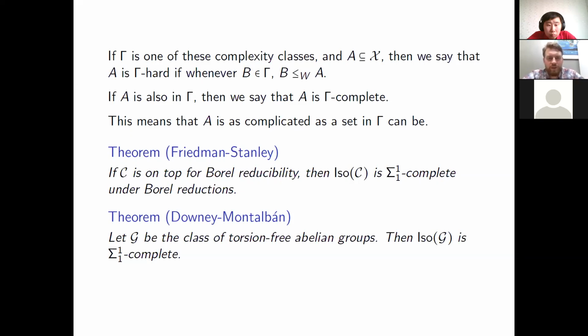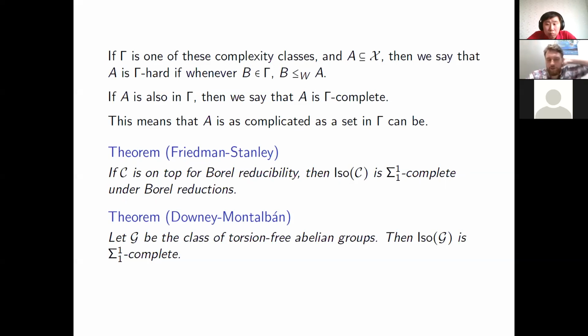When we talk about the isomorphism problem, we can say something about torsion-free abelian groups. The isomorphism problem for torsion-free abelian groups is Sigma 1-1 complete. So that means it's not Borel. The isomorphism problem is not somehow concrete or easily definable. It's actually quite complicated.